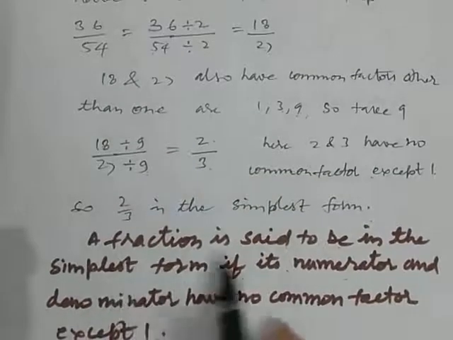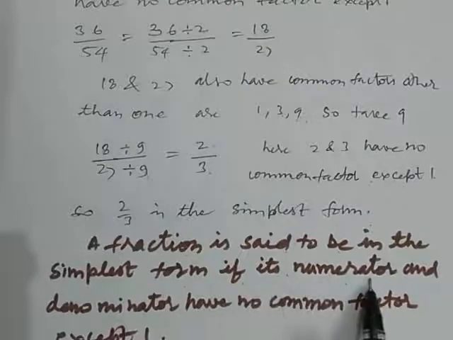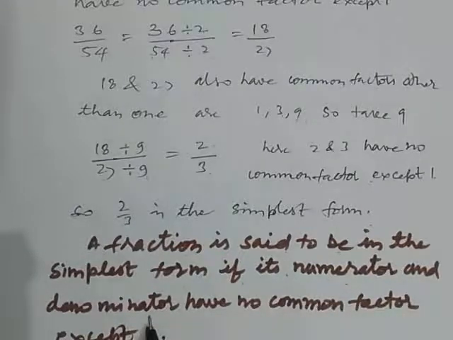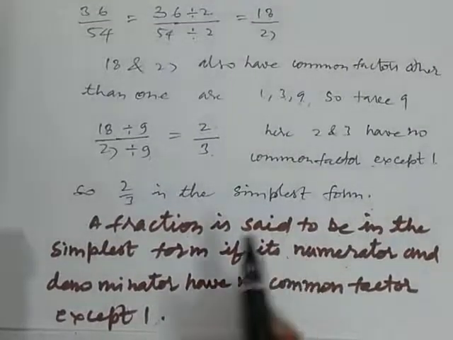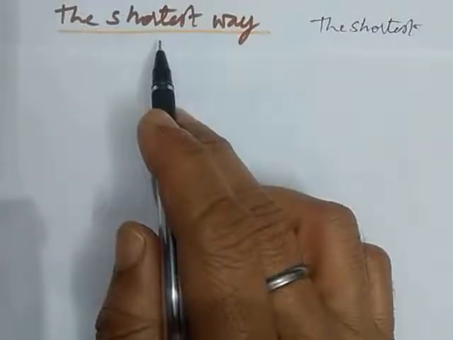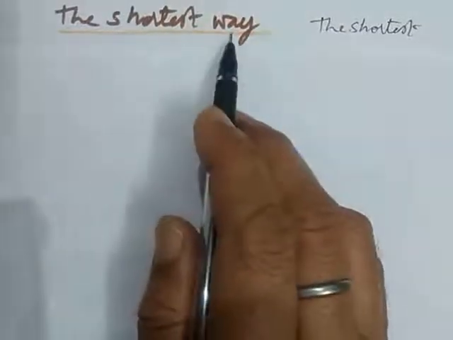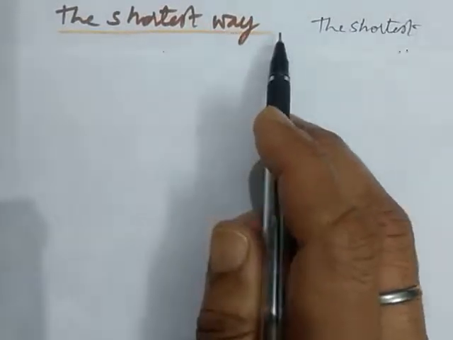I repeat, a fraction is said to be in the simplest form if its numerator and denominator have no common factor except 1. So this way we can find the simplest form. Now we learn the shortest way to find the simplest form of a fraction.